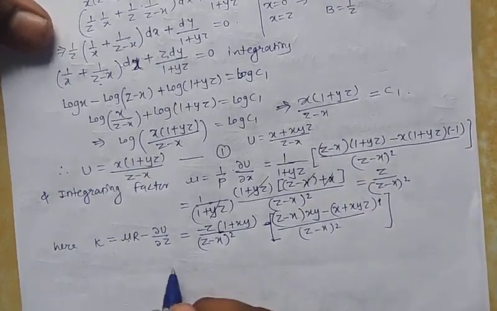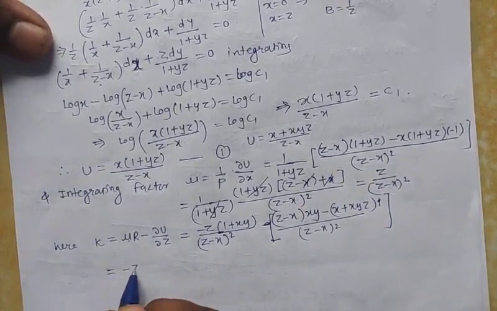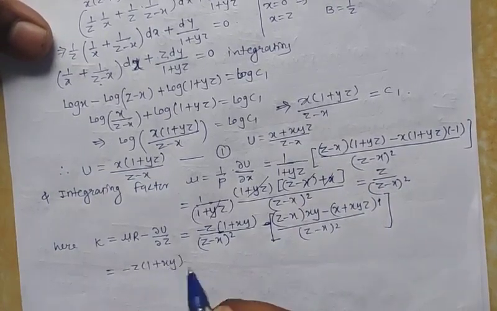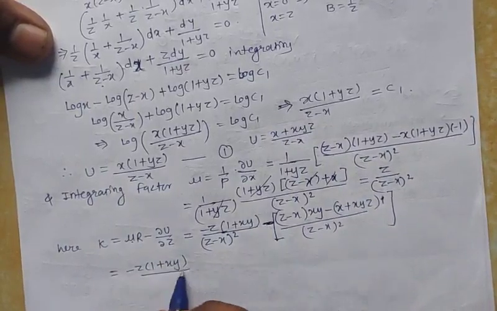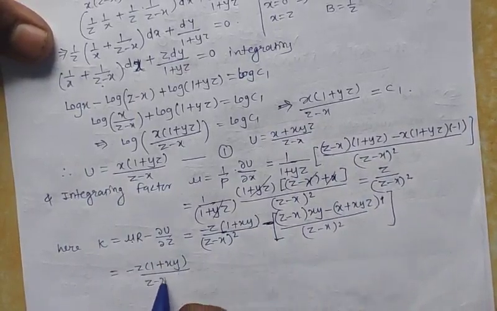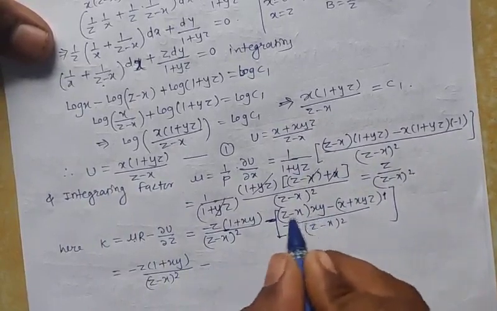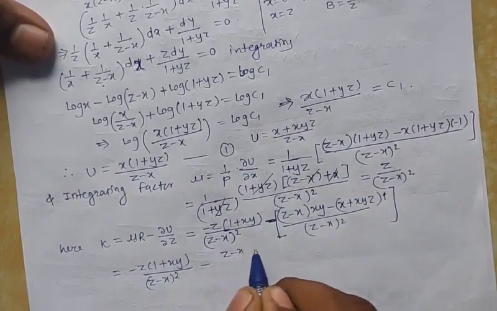So which is equal to minus z into 1 plus xy, here minus sign, upon z minus x bracket square, minus, so here z minus x into xy.